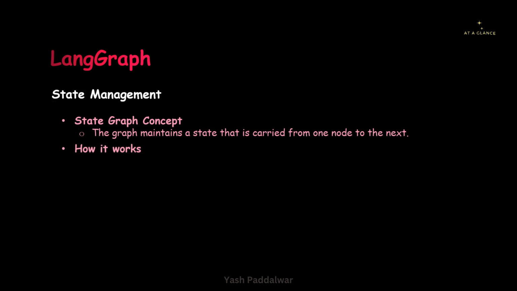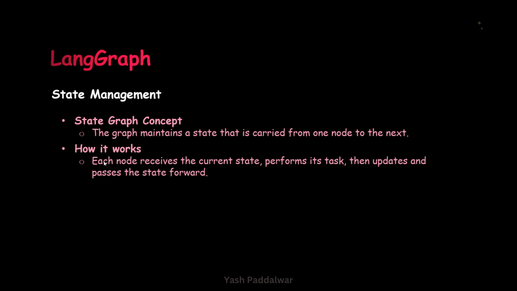Now how it works, let's see. As you know, the node will process something, so with the input it also receives the state. Each node receives the current state, performs its task, then updates and passes the state forward.